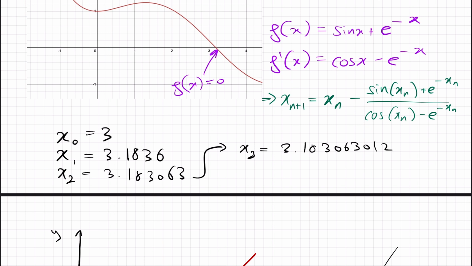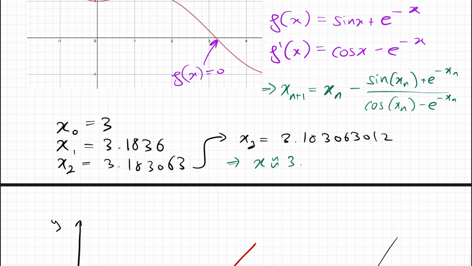So you can see it's already starting to converge. And yeah, what this tells us is we can just say the root x is approximately equal to 3.183063. I'm just going to say that, cutting off after that many decimal places.